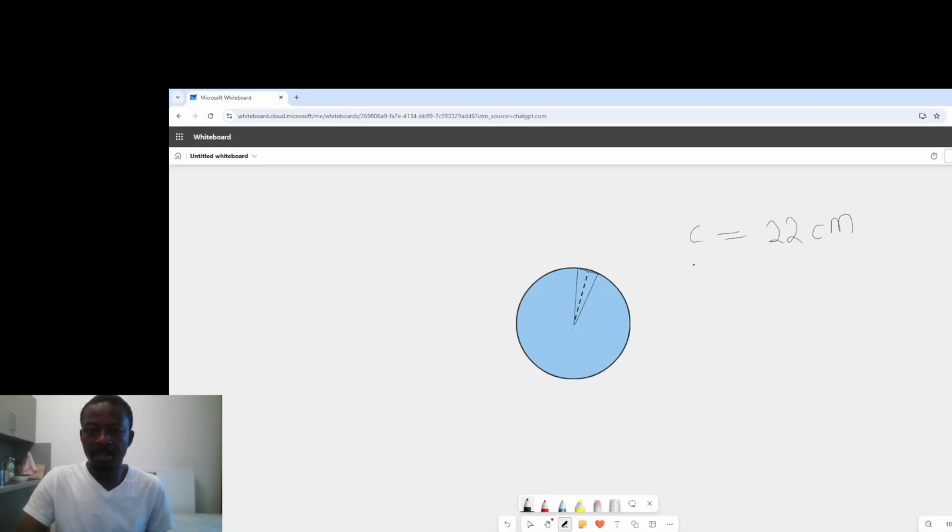The diameter is 7 centimeters. The radius r is half of the diameter, that is 3.5.